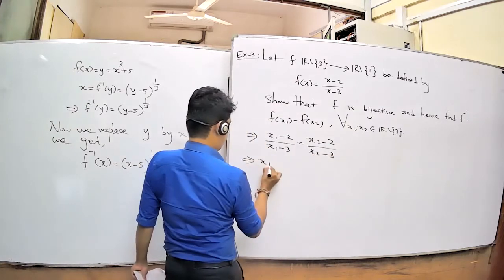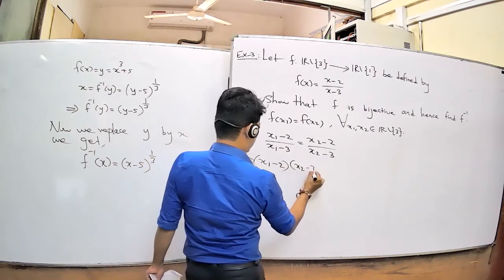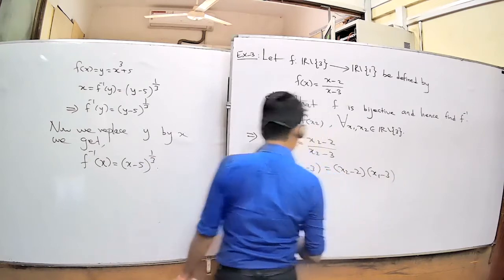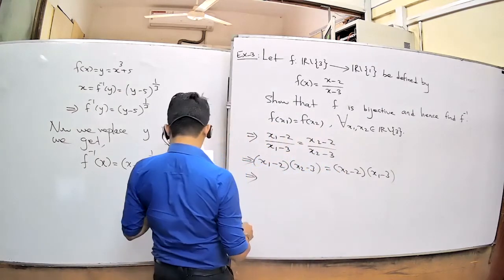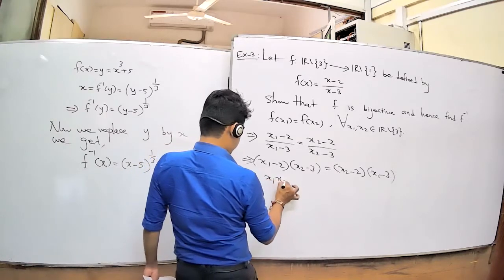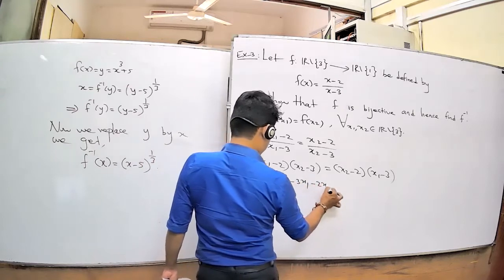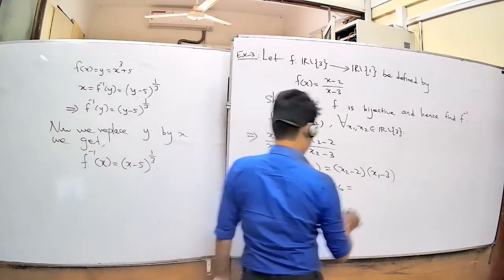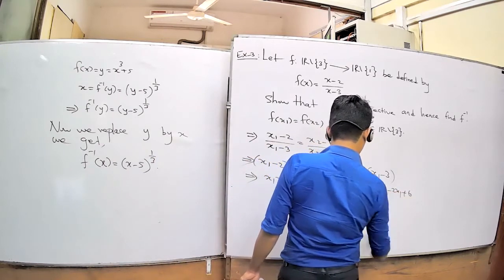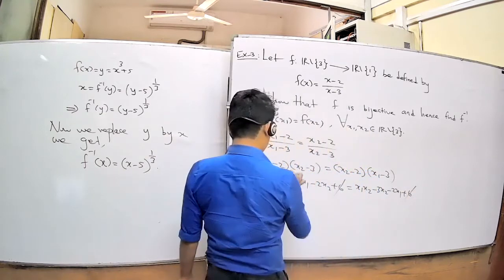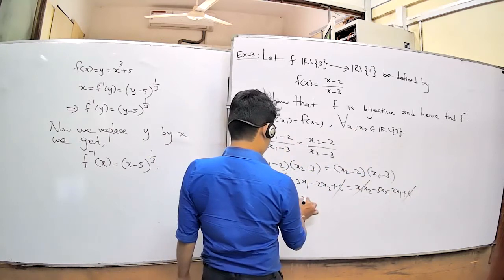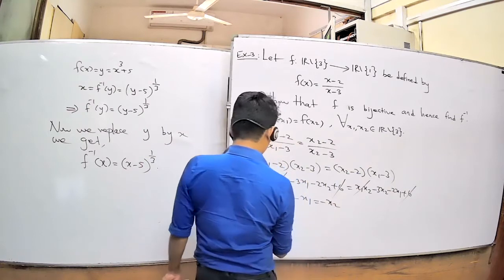From this one, (x1 minus 2)(x2 minus 3) equals (x2 minus 2)(x1 minus 3). Now you can simplify this one. If you simplify, you will get minus x1 equal to minus x2.